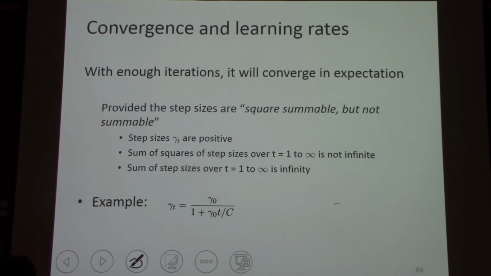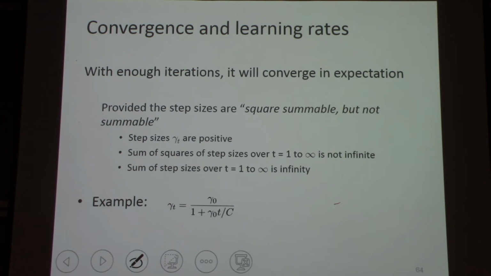In the literature, there are many ways of defining the learning rate. There's a fantastic paper by Leon Bottou from the mid-2000s, titled Stochastic Gradient Descent Tricks. If you want to implement stochastic gradient descent and make it industrial strength, you have no excuse not to read that paper.